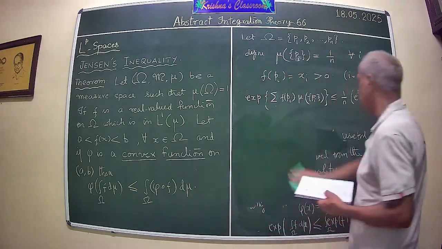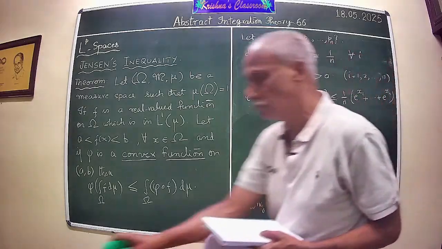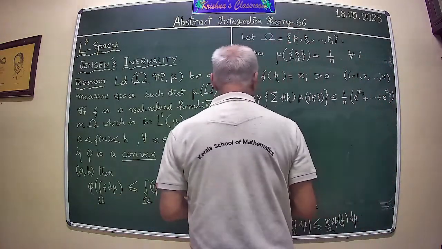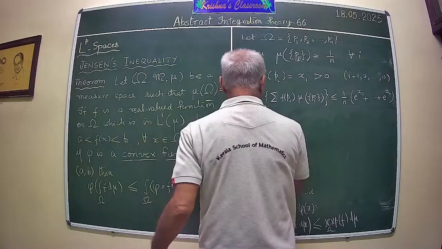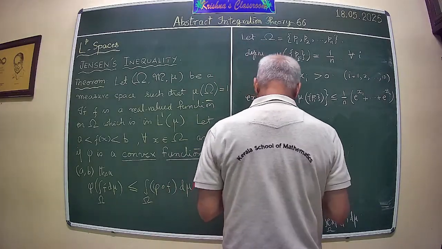This if you rewrite, you get exponential of 1 by n sigma x i.